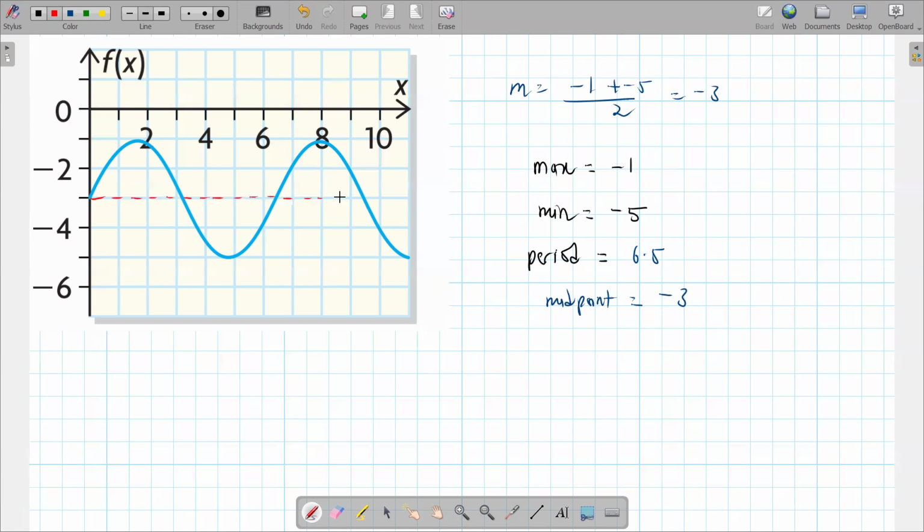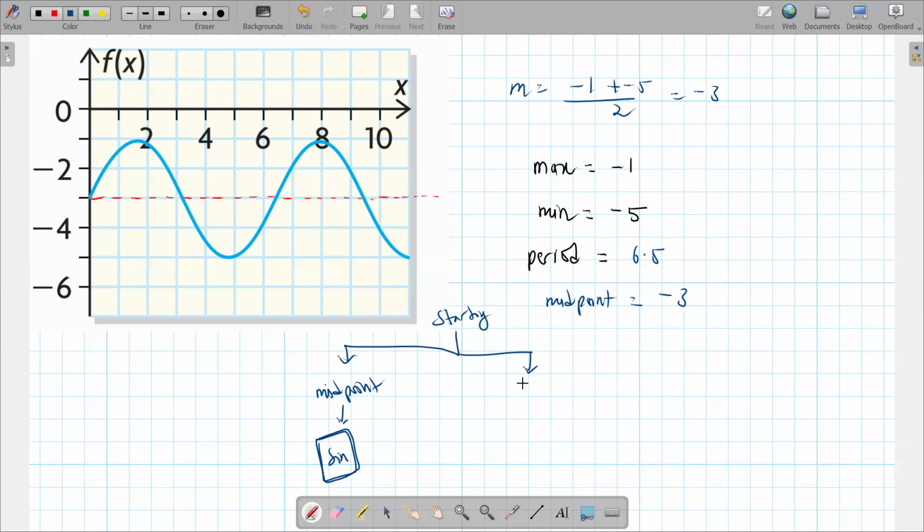Now, what we're going to do is we're going to come up with an equation for this plot. And it's not as bad as you think. So it depends whether or not something is going through the midpoint. If something is starting at a midpoint, then you need to use a sine function.